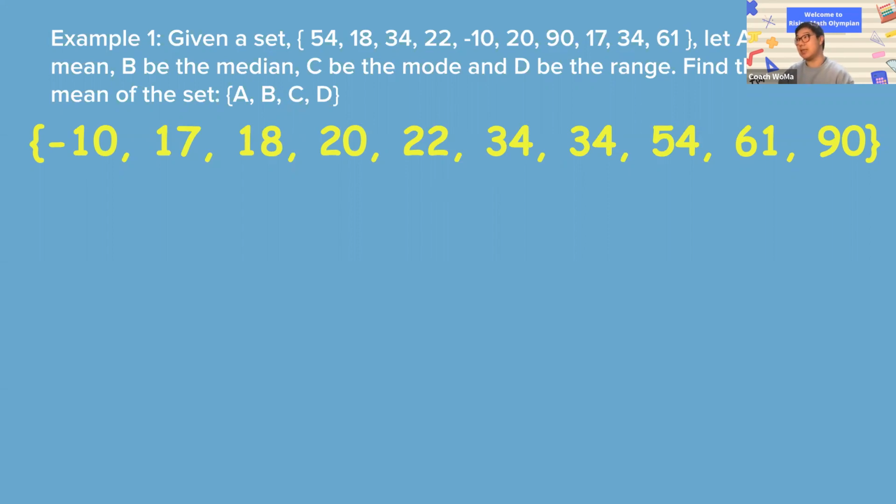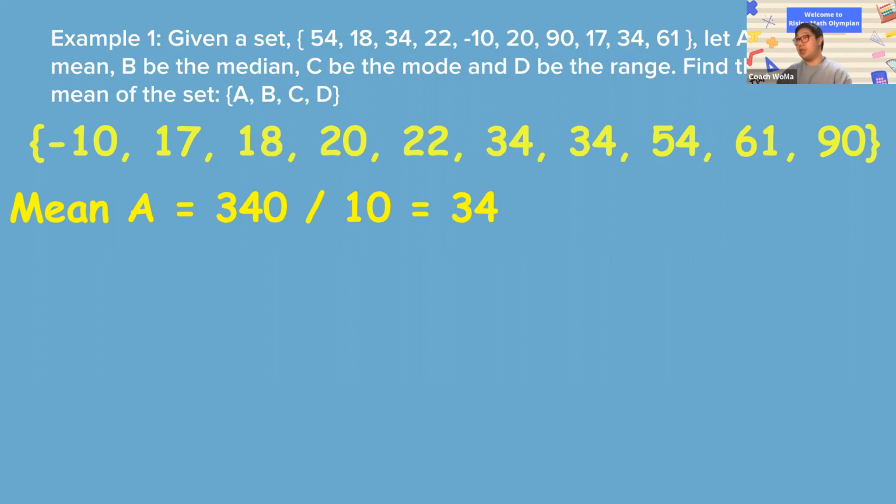Well, in this case, there's no one middle number. I'll tell you what we do with that. But first, for the mean, I want to go A, B, C, D. For the mean, we add up all the numbers and then divide by the total number of numbers, which is 10 in this case. So we get that A is 34.